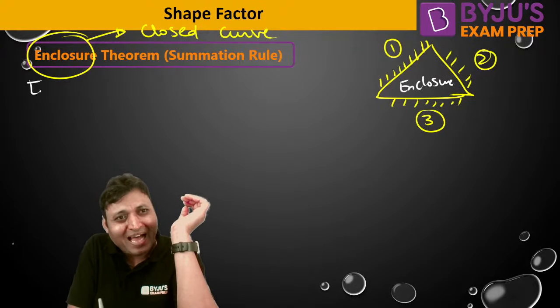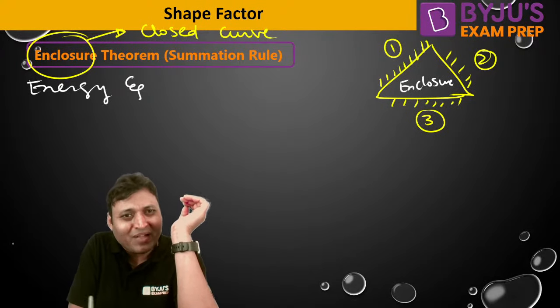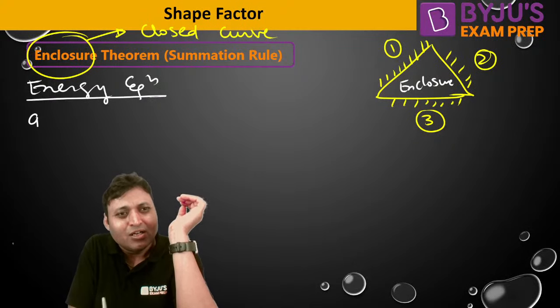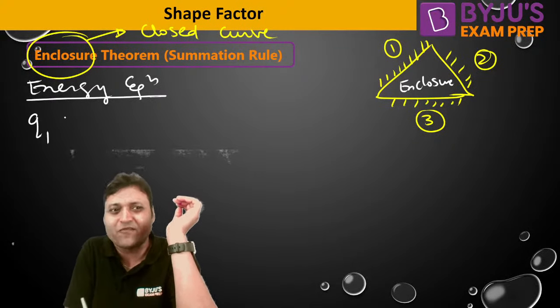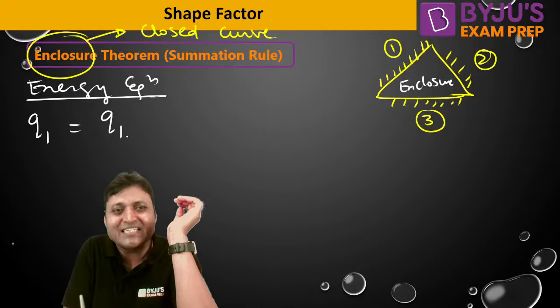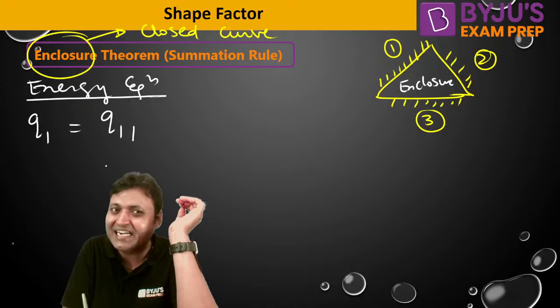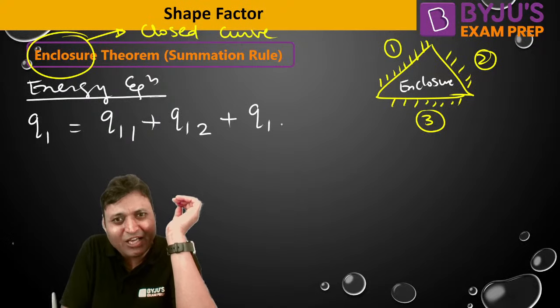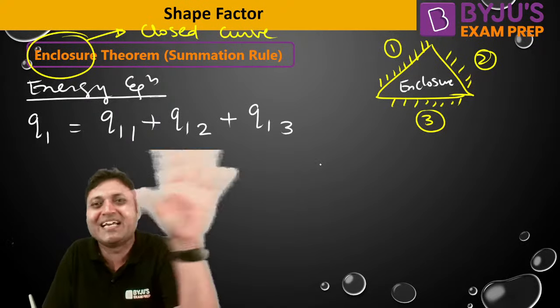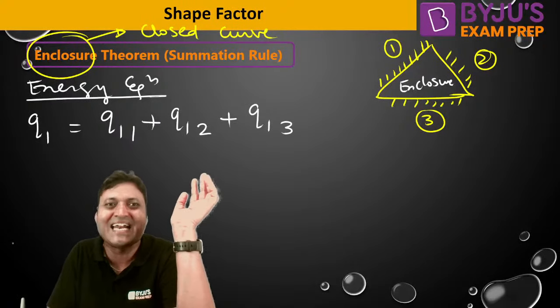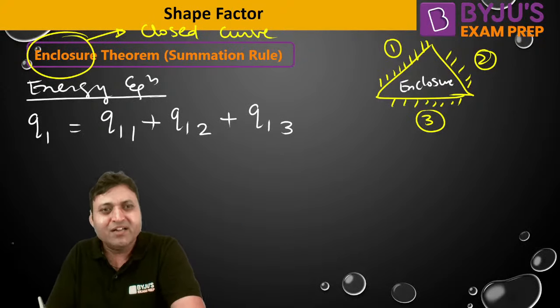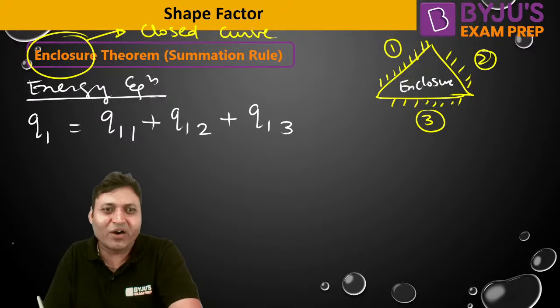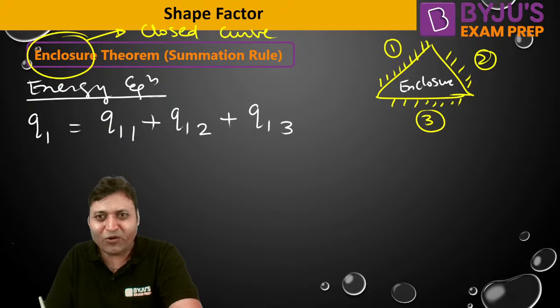So from the energy balance equation, can we write the total radiation leaving surface 1 is equal to radiation leaving 1 and reaching itself, plus radiation leaving 1 and reaching 2, plus radiation leaving 1 and reaching 3, because no radiation is lost to the surroundings, since it is an enclosure. The total radiation leaving 1 is equal to Q11 plus Q12 plus Q13.